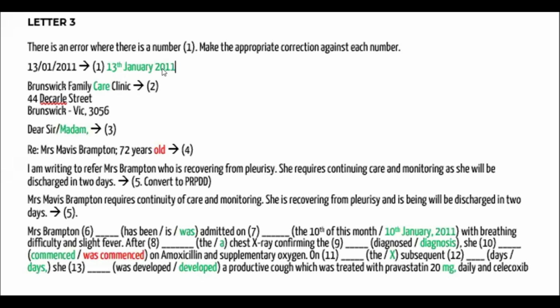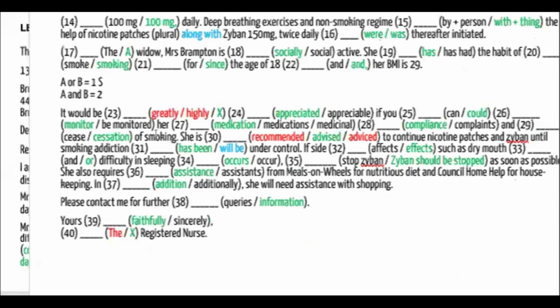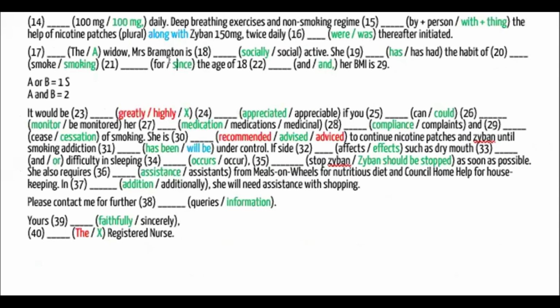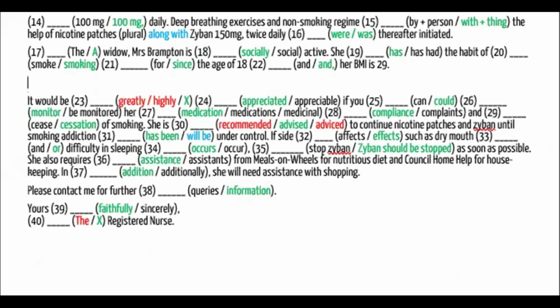Anybody else? Sir, in 21, since I got confused, please explain very simple. Okay. We use for and since with words like has been or have been.